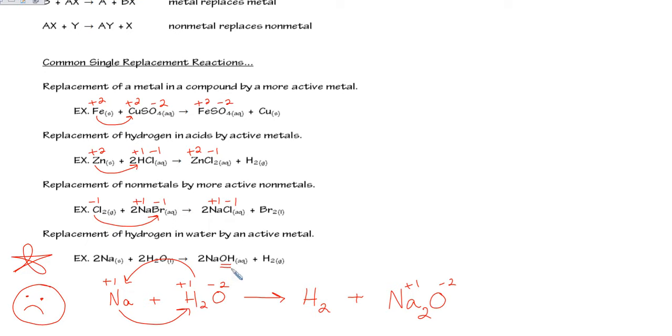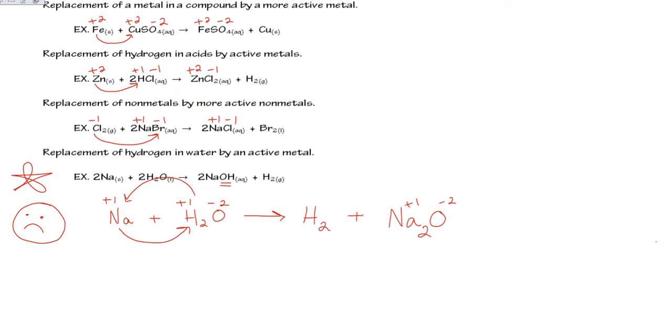Oh, so here's what I do. When I have water on the reactant side, instead of writing it as H2O, I'll write it a little bit differently. I'm going to have a little more room. This may help. Think of water as hydrogen hydroxide.